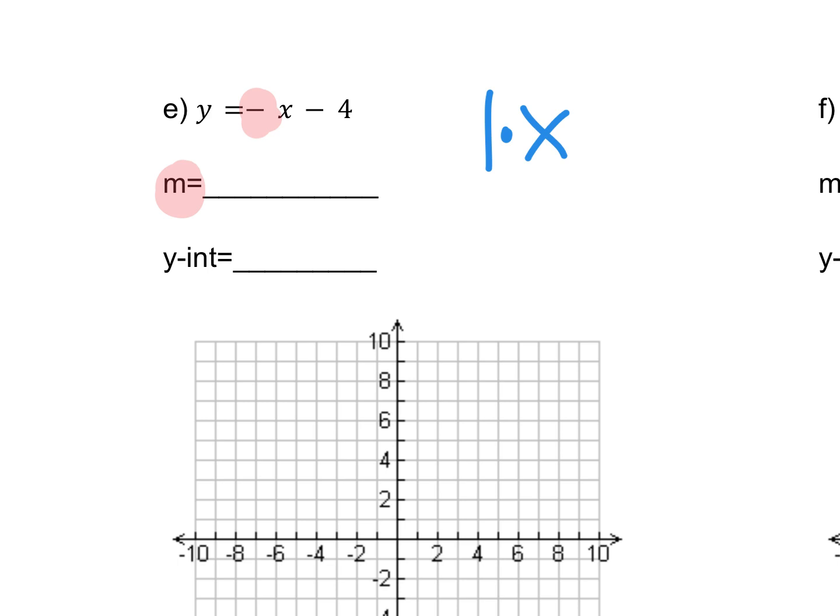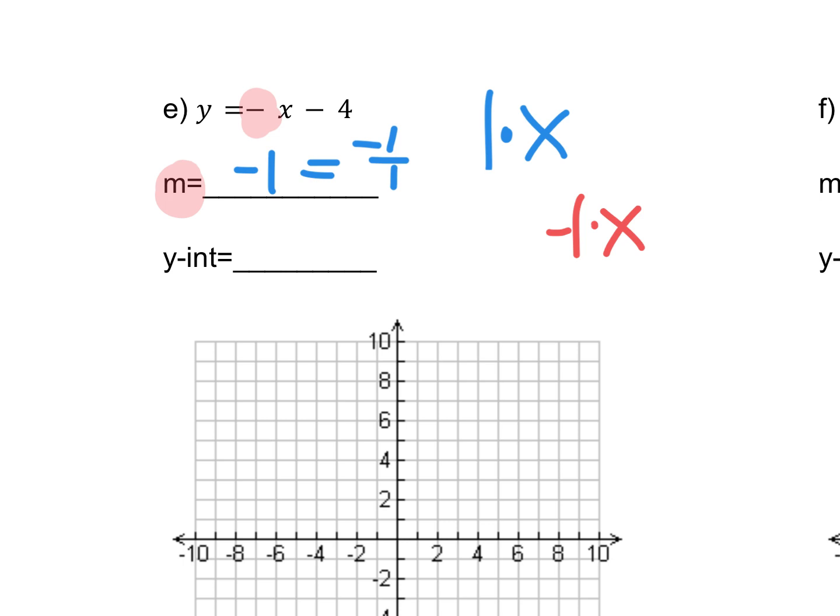Well, in a similar way, if I ever have the term negative x, I can think of it as -1 times x. So if I have a negative sign in front of my x, and we're talking about the slope of this line, because it's an equation, my slope is actually going to be -1. You can also think of it as -1 divided by 1, if we're going to use rise over run.